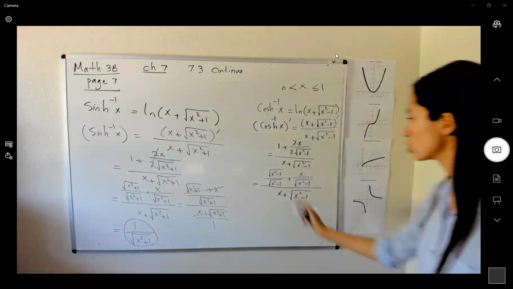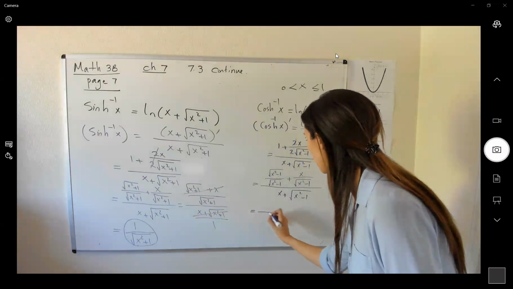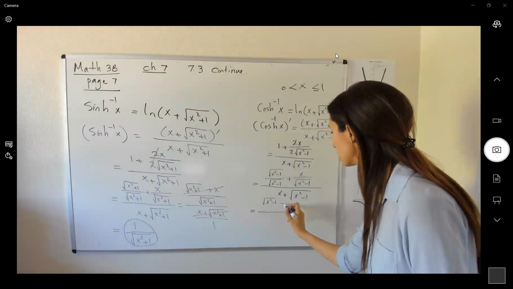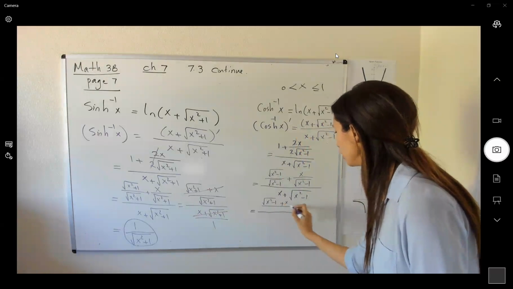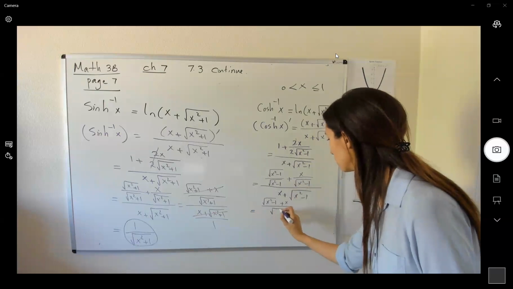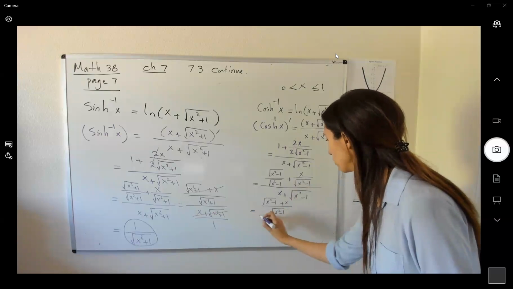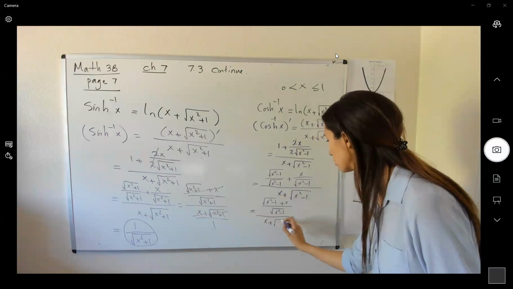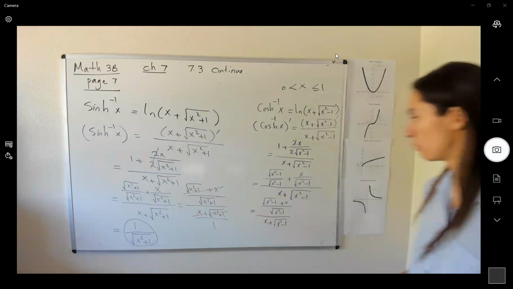So on your numerator, now you have just square root of x squared minus 1 plus x divided by the common denominator, which is square root of x squared minus 1. Everything is divided by x plus square root of x squared minus 1.